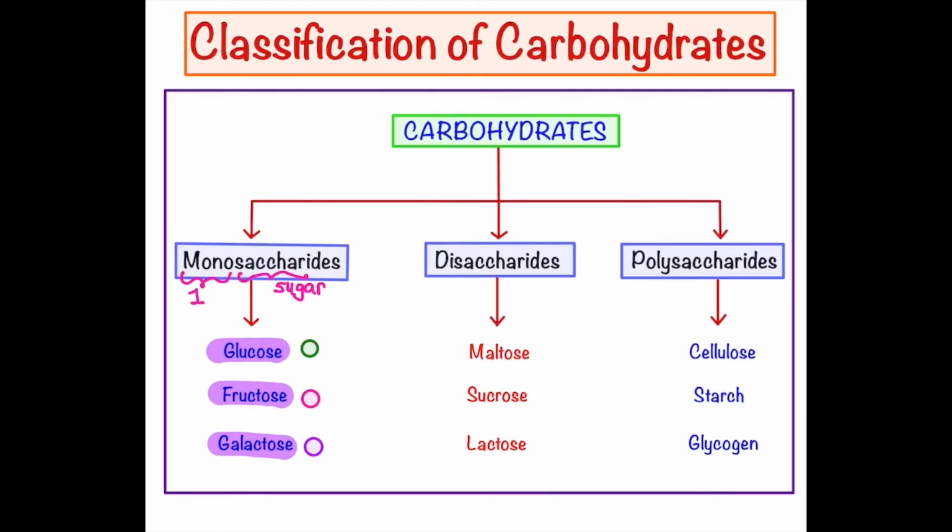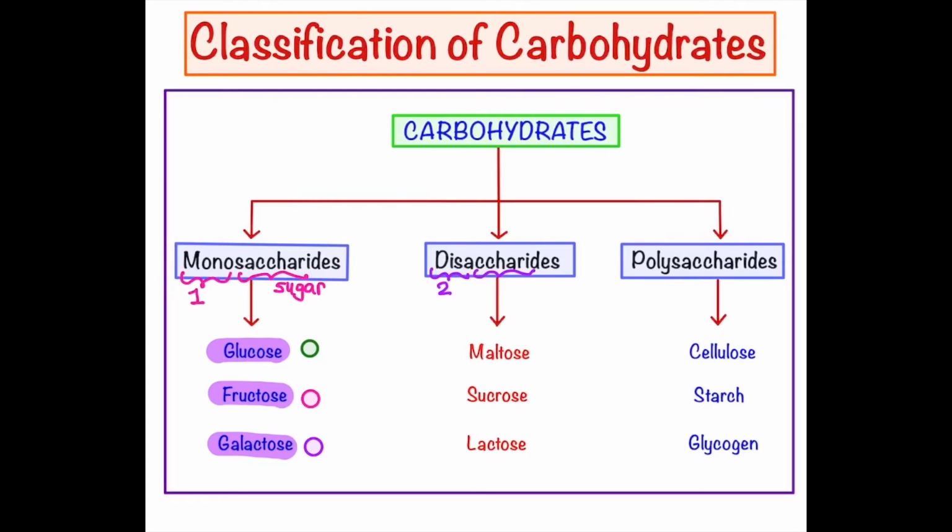Clear? Okay. Now, another term is disaccharide. After monosaccharides, carbohydrates can be disaccharides. Di stands for two and saccharide again stands for sugar. So when two sugars are present, it is called a disaccharide.